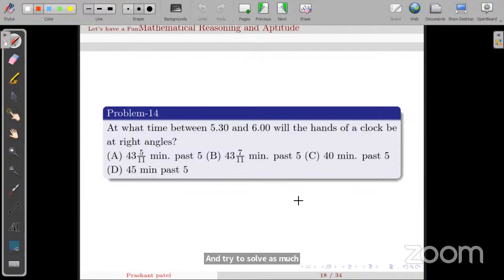I already uploaded this PDF onto my website, so you can access that and try to solve as many problems as you can. Mathematics requires time and patience. If you devote the time to mathematics, definitely it will give you output.